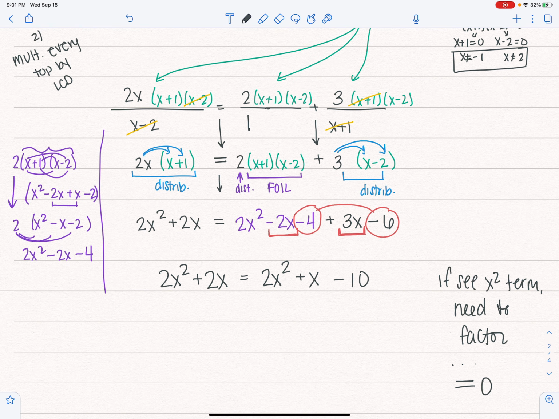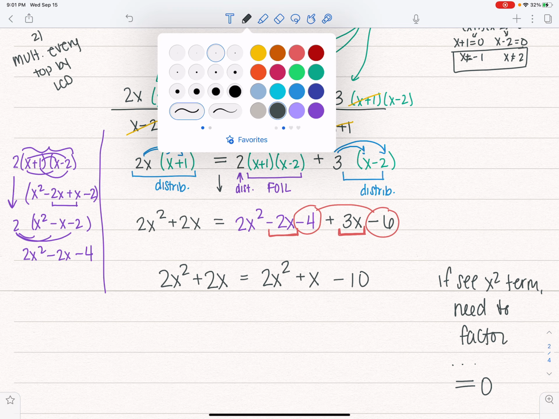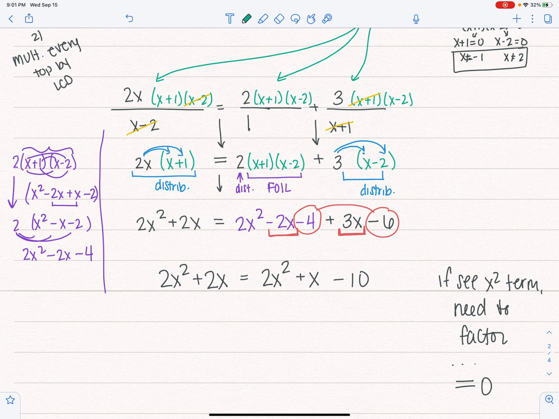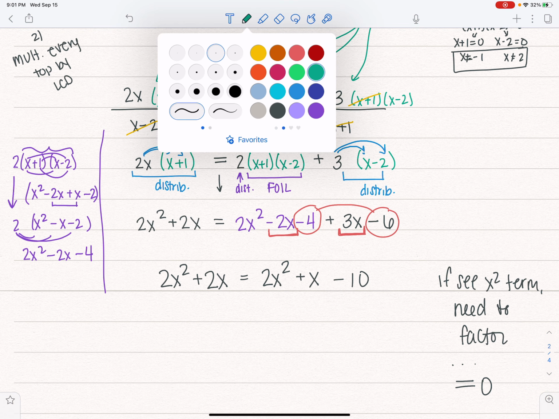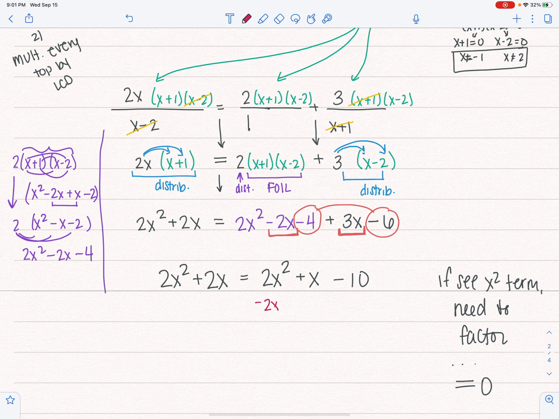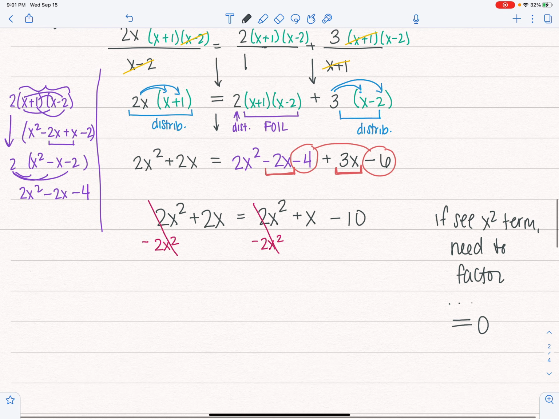That was one thing we saw back in 13.7 with the factoring, that I have to get everything equal to 0. So I'm just going to move everything over to the left because the x squared terms are actually the same. So I'm going to subtract 2x squared from both sides. Those are both going to cancel, which now makes my life a lot easier. So now I'm left with 2x equals x minus 10.